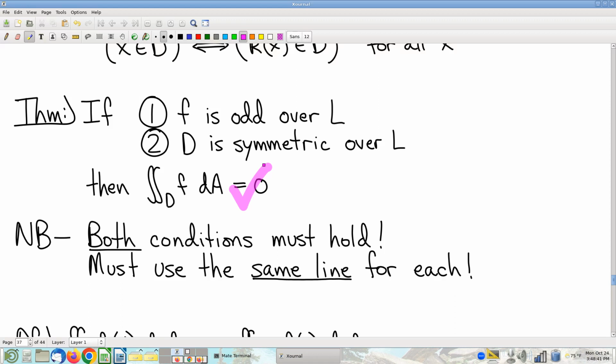And so if that's the case, you don't have to slice and dice. You don't have to pick a coordinate system or remember a stretching factor. You don't have to compute anti-derivatives to plug in. Right? There's a tremendous amount of algebra you might save yourself. You just have to make the appropriate observations and celebrate that the integral is equal to 0. Awesome result. And I got a bunch of examples.